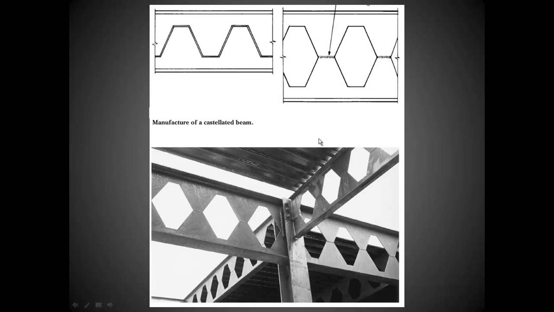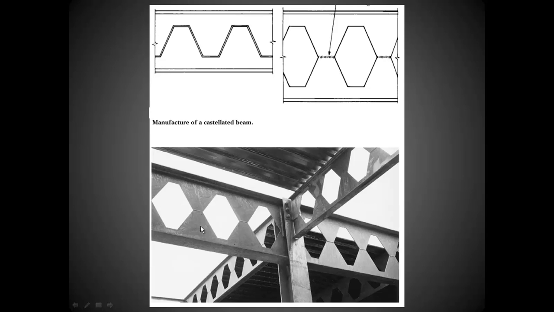Now here's another method. Imagine taking a standard W beam, this is looking at it from the side, and cutting it in this fashion, and separating it and staggering the joints and welding them together makes what's called a castellated beam. So it's a way to create a little more strength, but not having to fill in all this material.